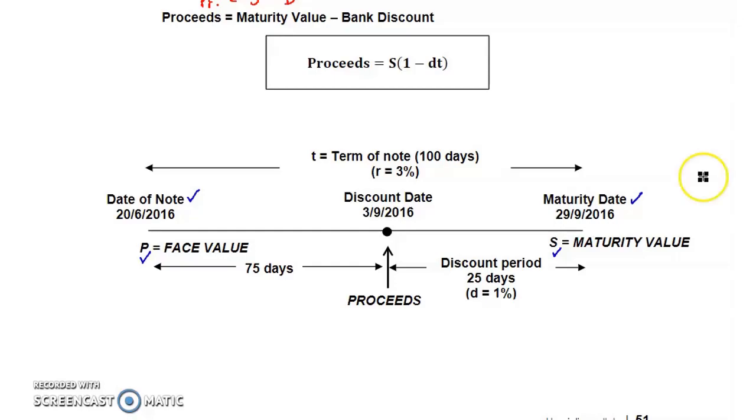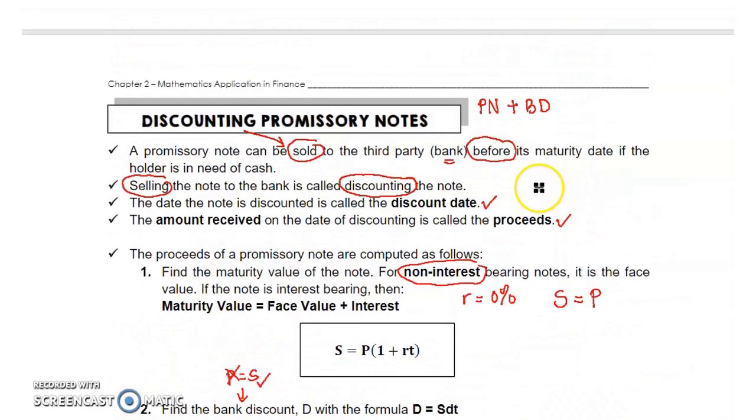Now, what is discounting promissory note? It means that we sell the note to the bank, or to a third party. When we sell it to the bank, we call it discounting the note, and it must be before the maturity date.